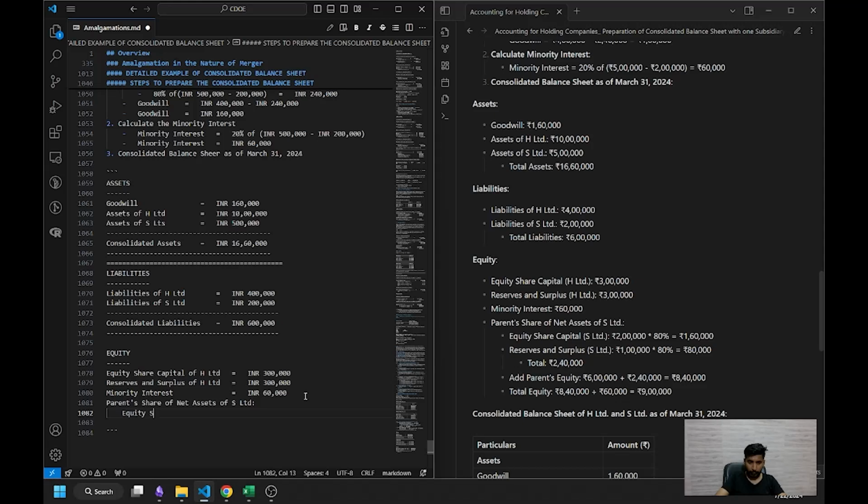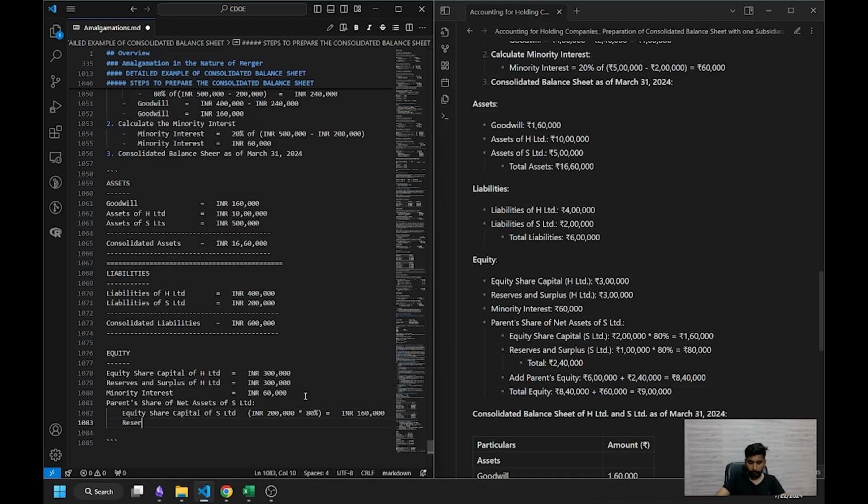The equity share capital of S Limited is 2 lakhs multiplied by 80%, which is equal to 1 lakh 60,000.